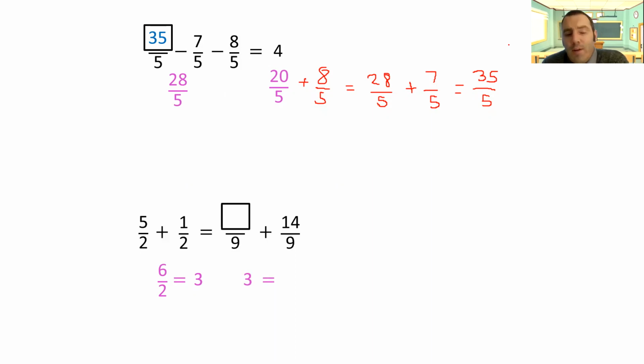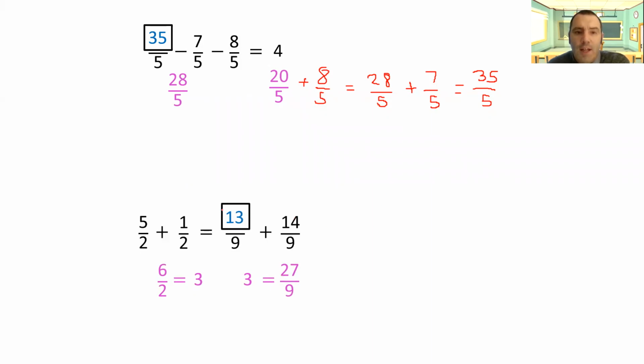So I now need to convert my 3 into ninths. Remembering 9/9 is 1, 18/9 would be 2, 27/9 is 3. So now to solve this, I would do 27 take away 14.